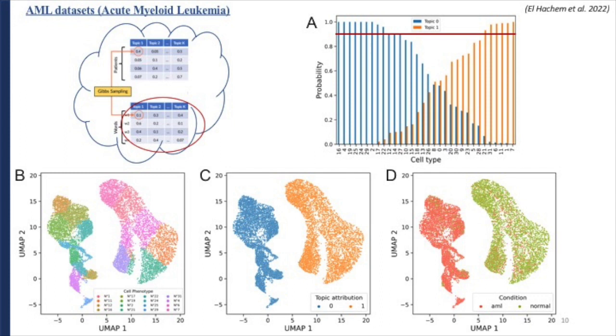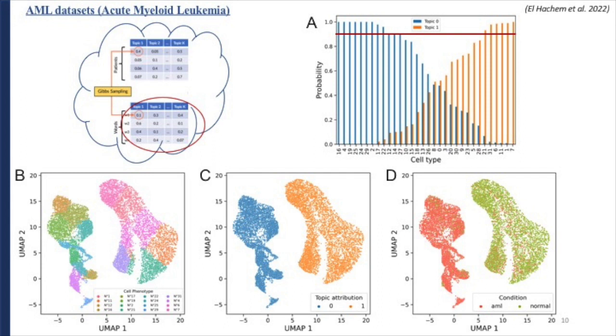We found that cells cluster into the space on the left and on the right. And when we highlight the cells based on their topic attribution, we found that topic number 0 cells are on the left and topic number 1 cells are on the right.